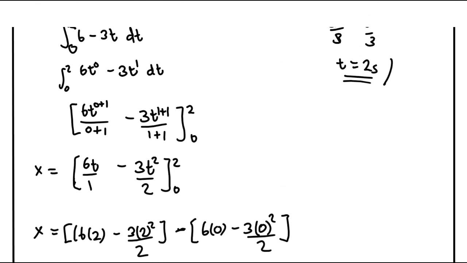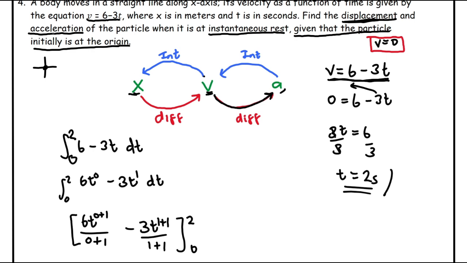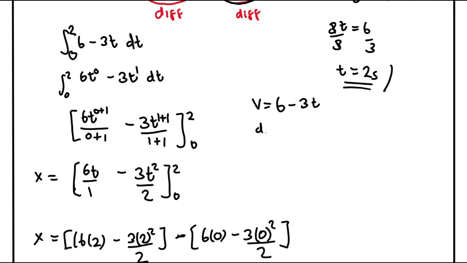Next up, we want to get the acceleration. So the acceleration, to move from velocity to acceleration, we differentiate this equation. So we've been given the equation v equals 6 minus 3t. When you differentiate this equation, we get dv/dt is equal to, we differentiate 6, we get 0.